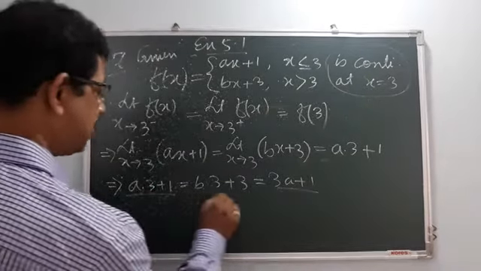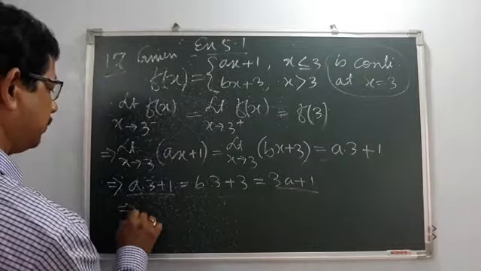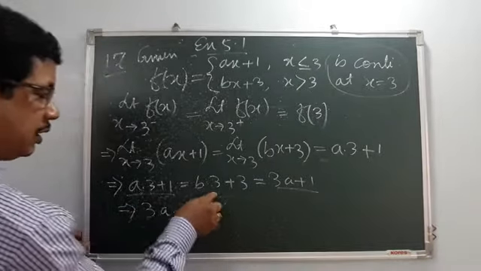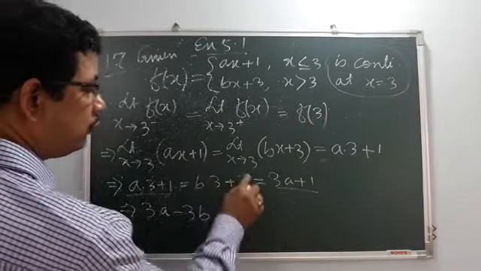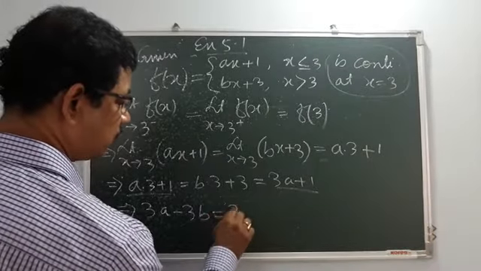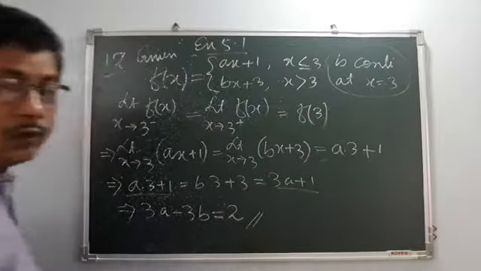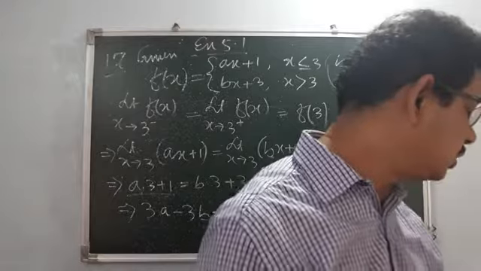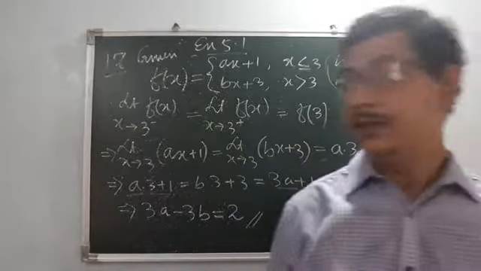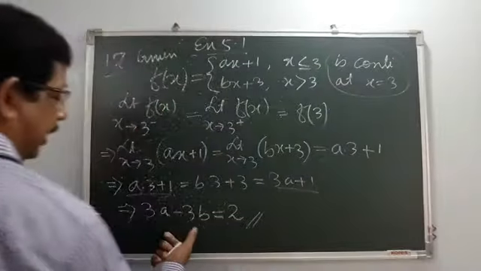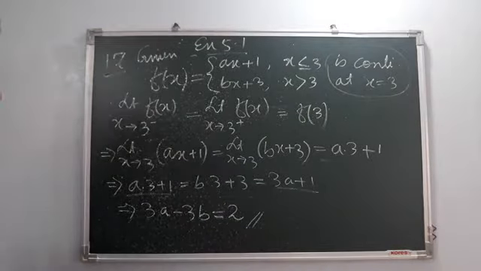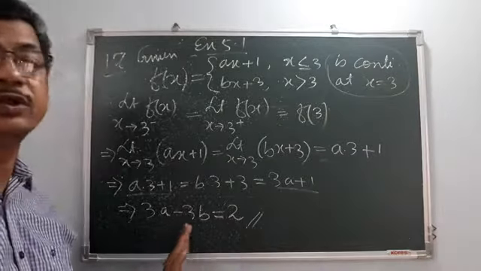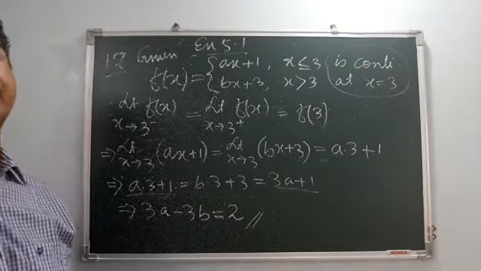Now if we consider only these two, it will be 3a minus 3b. I have taken 3b to this side, and if we take 1 to this side, it is 3 minus 1, 2. So what do we get? They have said find the values, that is, what is the relation between a and b. All the values of a and b which satisfy this condition are the values of a and b.